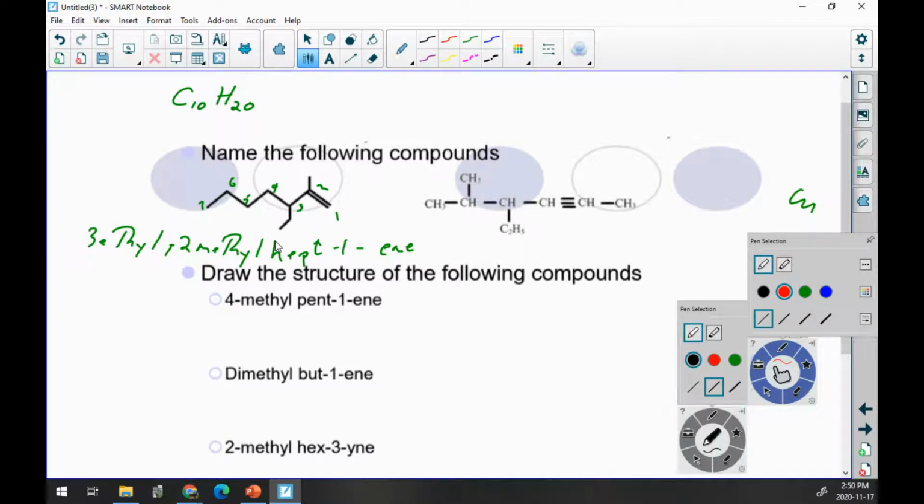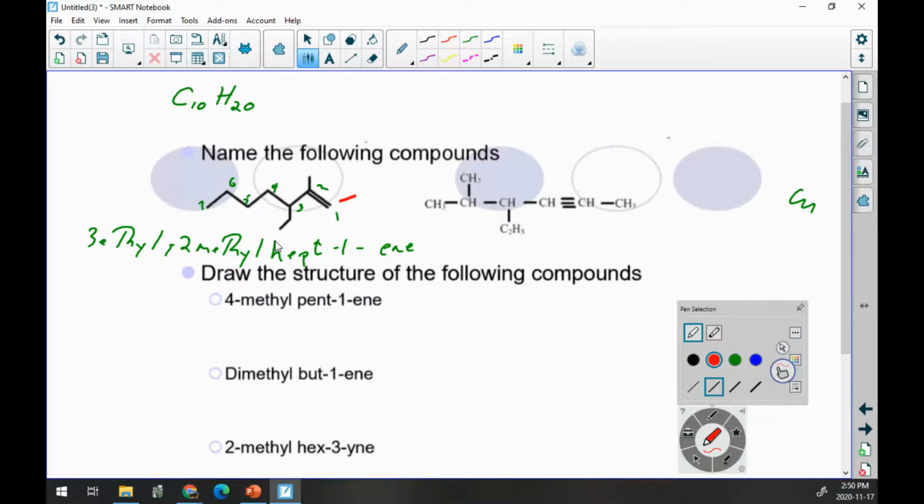Where do I get my 20 hydrogens from? 1 from there. 1, 2, 3 from there. Because it's an N, I've already got 4 carbon-carbon bonds there. There's no hydrogens at that one.